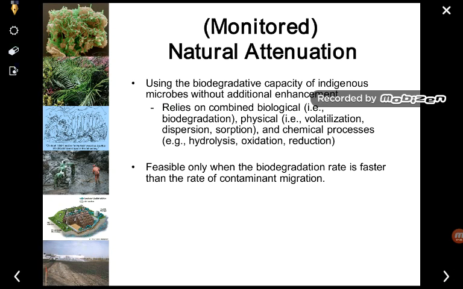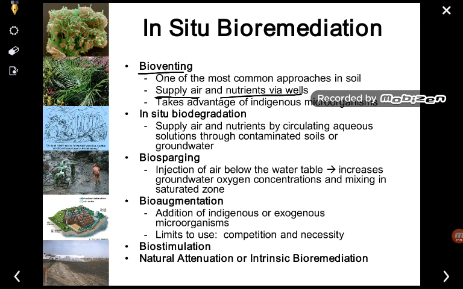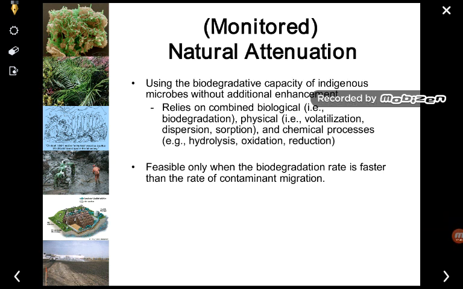Next is the natural attenuation, or intrinsic bioremediation, which is one of the forms of in situ bioremediation. And natural attenuation means what? Every organism can biodegrade, consider fungus, the main work of the fungus is to degrade it. So certain organisms which can degrade are utilized and they do their work naturally.